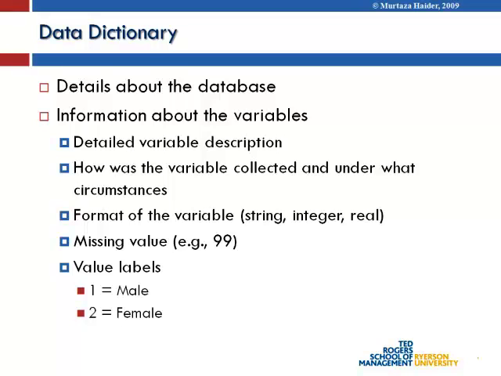So you have to be mindful of these concerns, and you have to record this information about your data much in advance, so that once you complete your analysis and you have to revisit this sometime later, you don't have to rely on your memory, or if your data are used by others, then they can look at the data dictionary and know exactly what each and every variable represents.